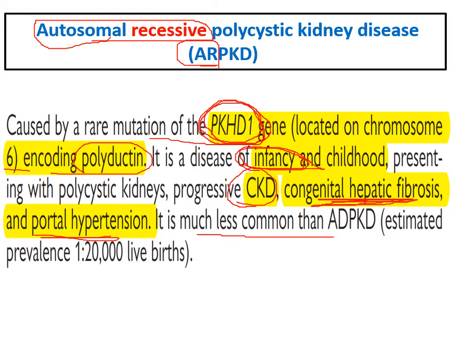Usually they have pulmonary hypoplasia at birth, with a perinatal mortality of around 30%. So what is our conclusion? A disease mainly present in infancy, usually leading to CKD or end-stage kidney disease in early life, associated with congenital hepatic fibrosis, in autosomal recessive inheritance, in a protein called polyductin.